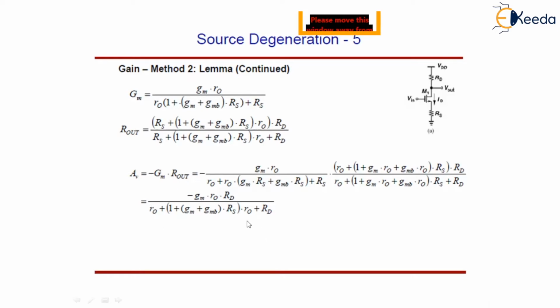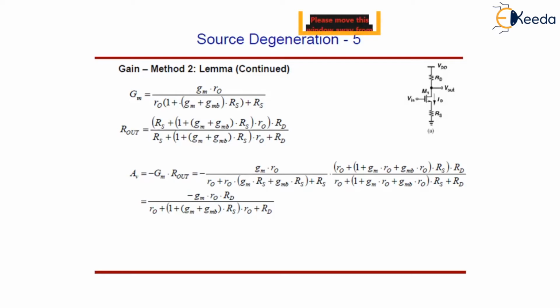So this is the voltage gain we have derived using the lemma, and the lemma says that for linear systems, the voltage gain is given as negative of equivalent transconductance into output impedance. So we have used the small signal model to find the equivalent transconductance of the degenerative circuit and the output impedance.